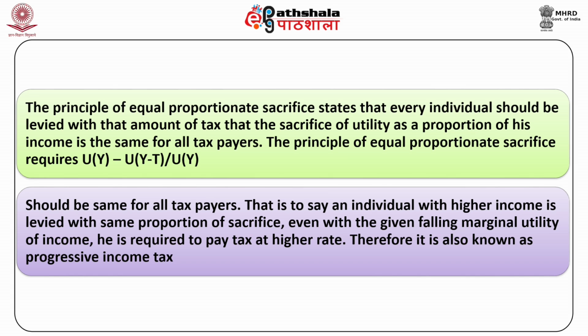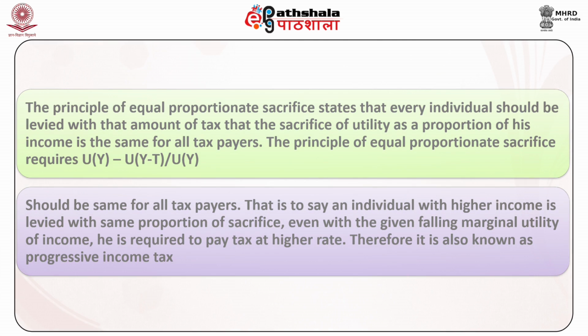That is to say, an individual with higher income is levied with the same proportion of sacrifice even with the given falling marginal utility of income. He is required to pay tax at a higher rate. Therefore, it is also known as progressive income tax.